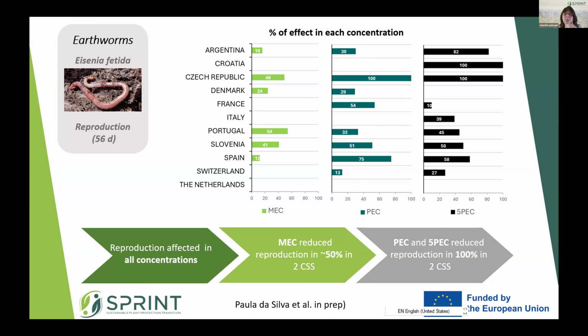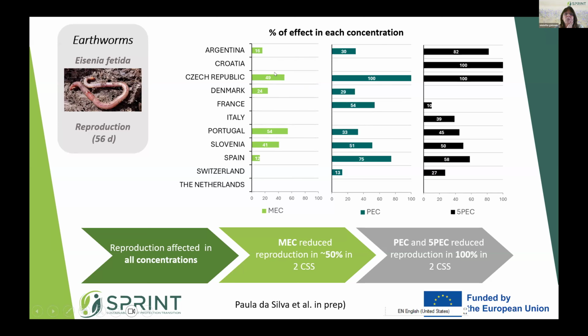You can have details afterwards if you would like. For the 11 pesticide mixtures we selected, here you see the measured environmental concentration, predicted environmental concentration, and 5 times predicted environmental concentration. We were testing here, as an example, the reproduction of the laboratory worm Eisenia foetida.